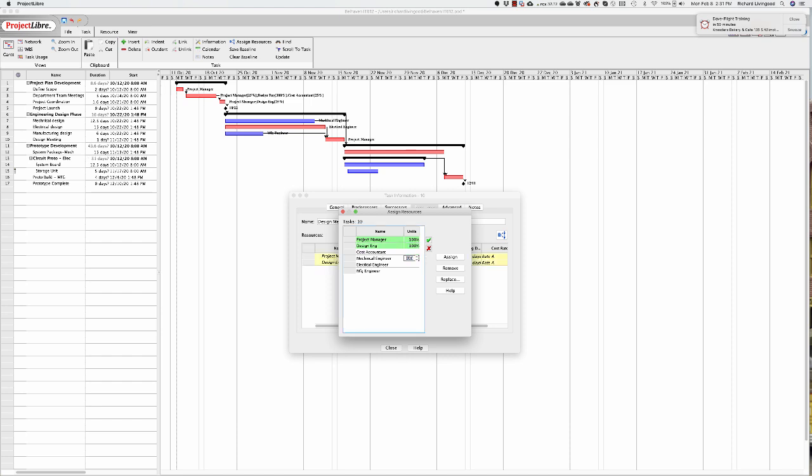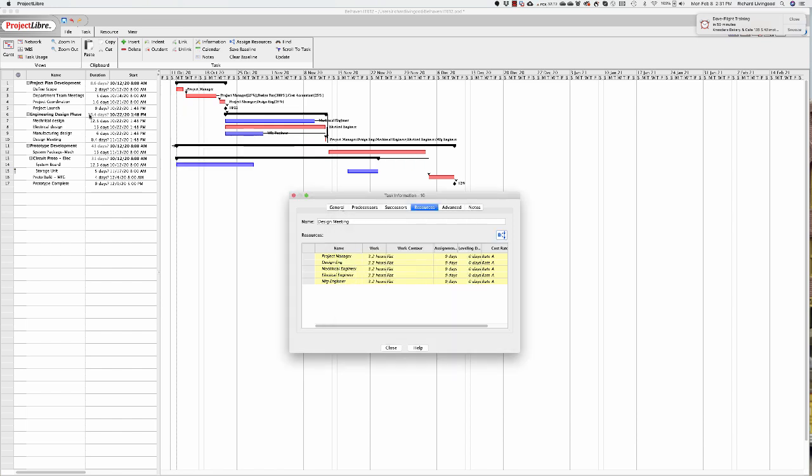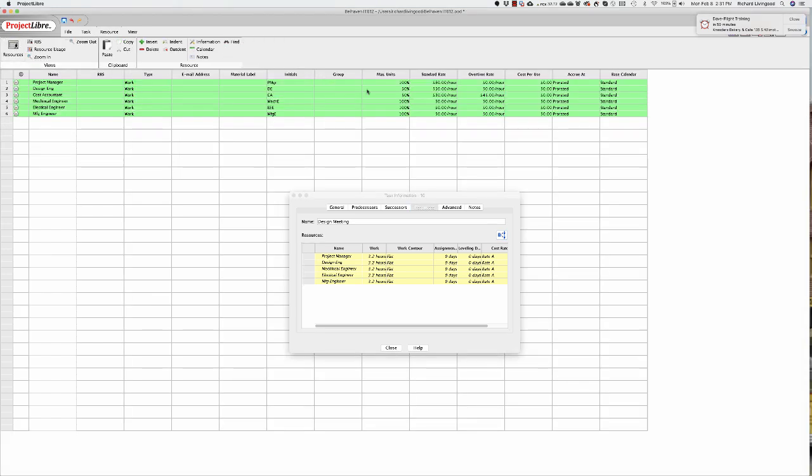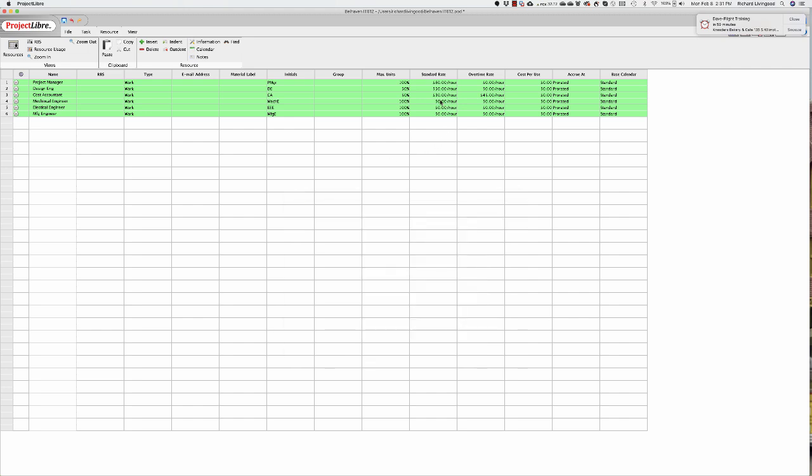Now there's only one issue. I got to go back and add it in because I didn't do it yet, and that is I have to add in values for their costs. So let me go back to resource. I did not give them an hourly rate. So let's do that.